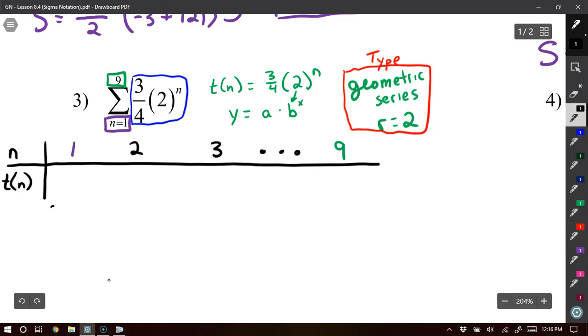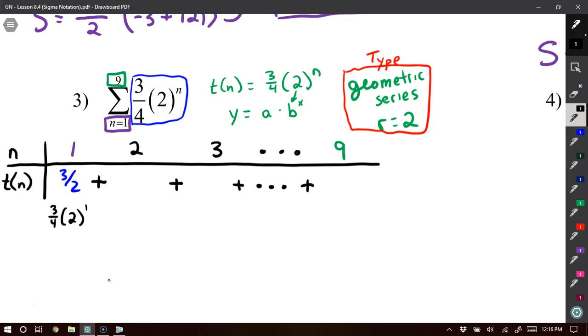So I'm going to do 3/4 times 2 to the first power, which in that case gives me 3/2. Since it's a series, every term is separated by a plus sign. But since I know right away it's geometric and I can see from that fact that my common ratio is 2, I could just multiply 3/2 by 2.